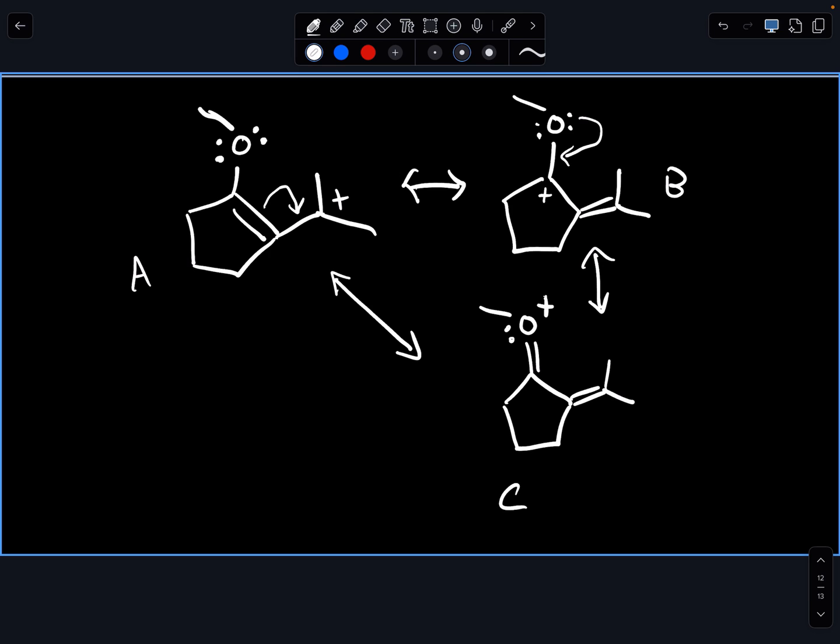So A is kind of good because you have a positive charge on an atom that's not very electronegative. B, same story. It's also on an atom that's not very electronegative. C, it's on oxygen. We tend not to like positive charges on electronegative atoms like oxygen.